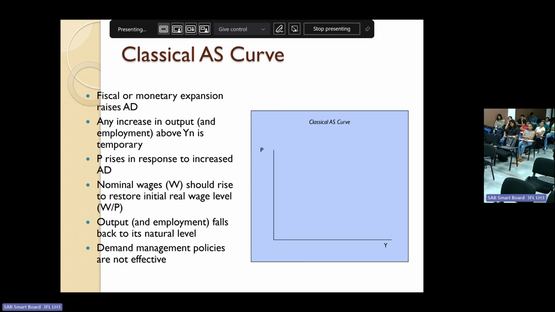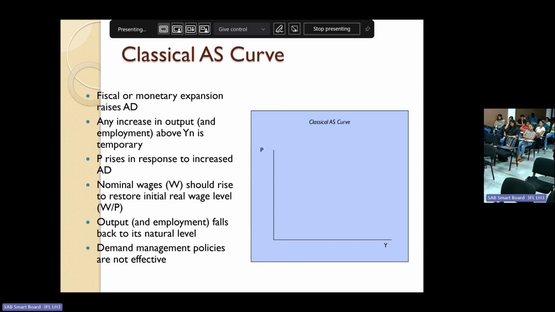They believe the supply side factors are important, and the demand side factors are not important. They believe supply determines employment and output.